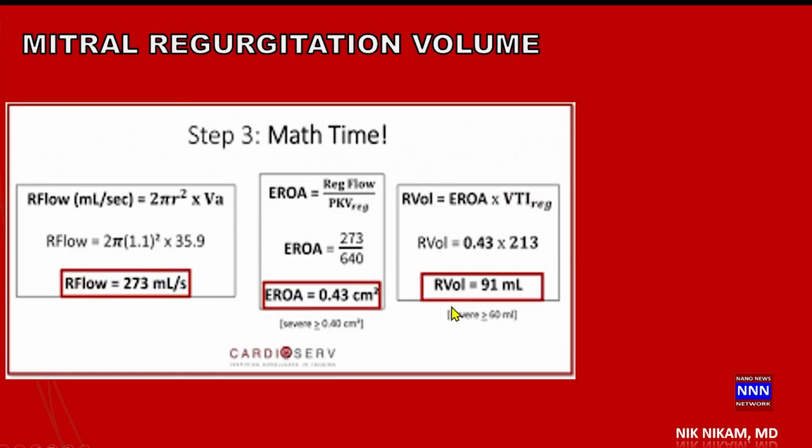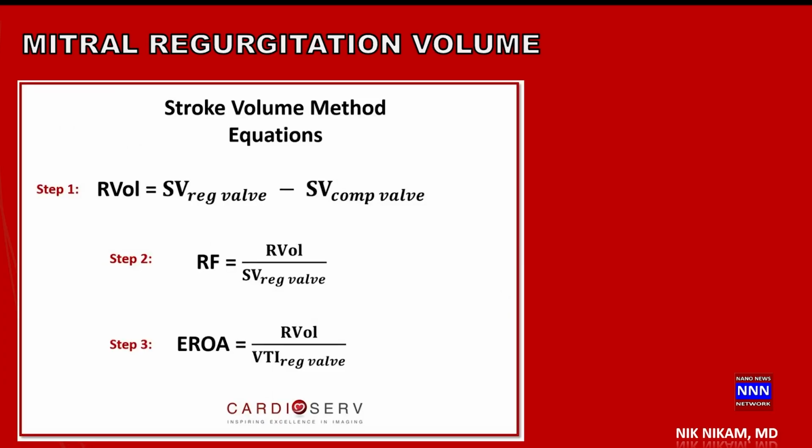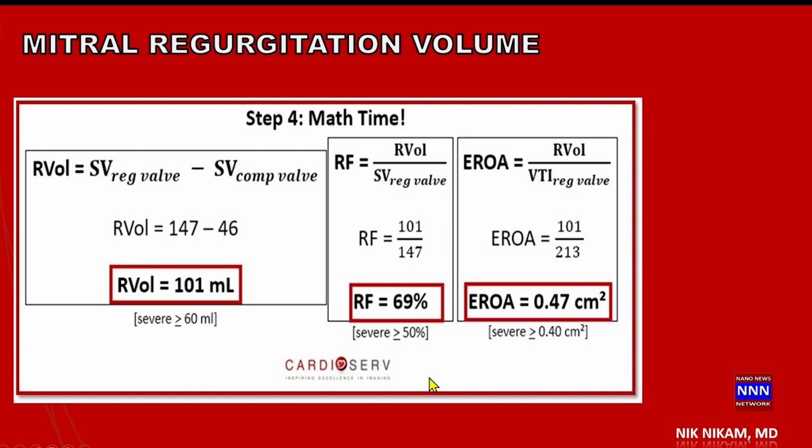And now the third step is, we know what the regurgitant flow is, 273 ml per second. We know what the effective regurgitant area is, 0.43, and we know what the regurgitant volume is, which is 91 ml. And finally, we can calculate the regurgitant fraction.